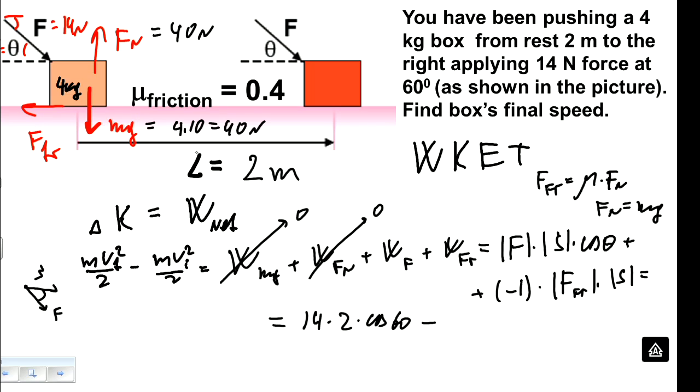So, and friction will be equal to coefficient, which is 0.4. I can read it here on the screen. And the normal force is equal to mg, 40, and the distance is 2.